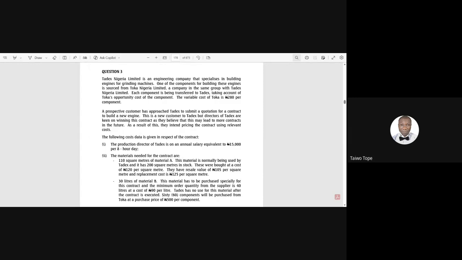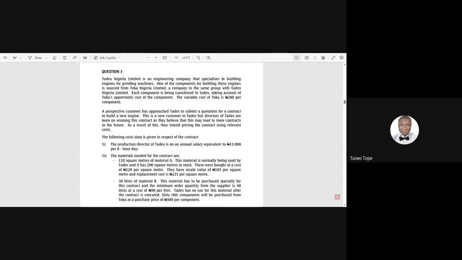Because you need to get it, you need to buy the minimum order, which is 40 liters. These 40 liters, at what cost? At 90 naira. Now, as you are reading, you can ignore the other aspect, that Thales has no use for this material after the contract is executed.